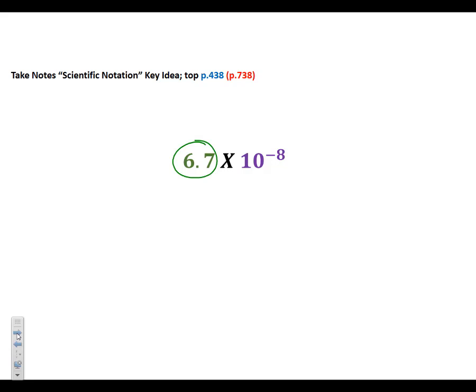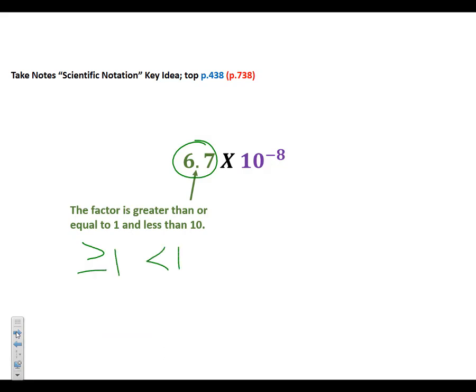Well, this factor right here has to be a number that is greater than or equal to 1, and it has to be less than 10. Okay? So right here, greater than or equal to 1 and less than 10. That factor has to be in that form, or we do not have a number written in scientific notation.